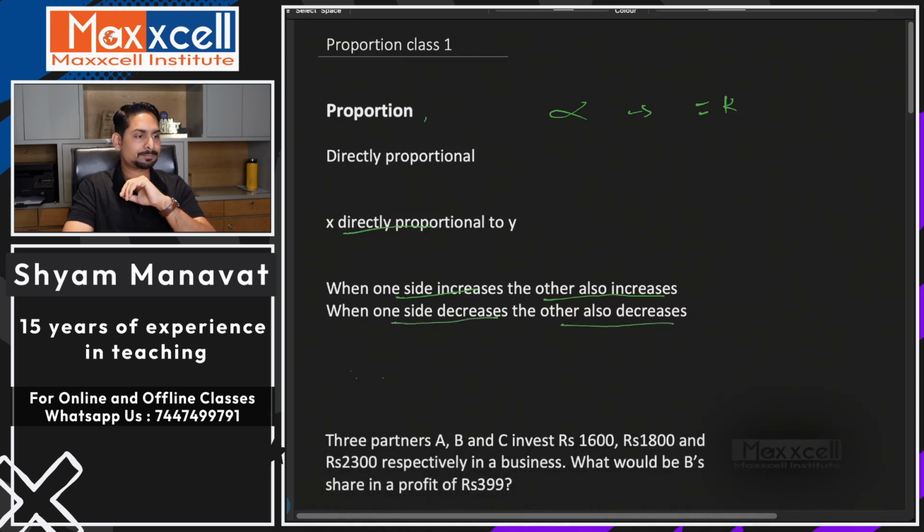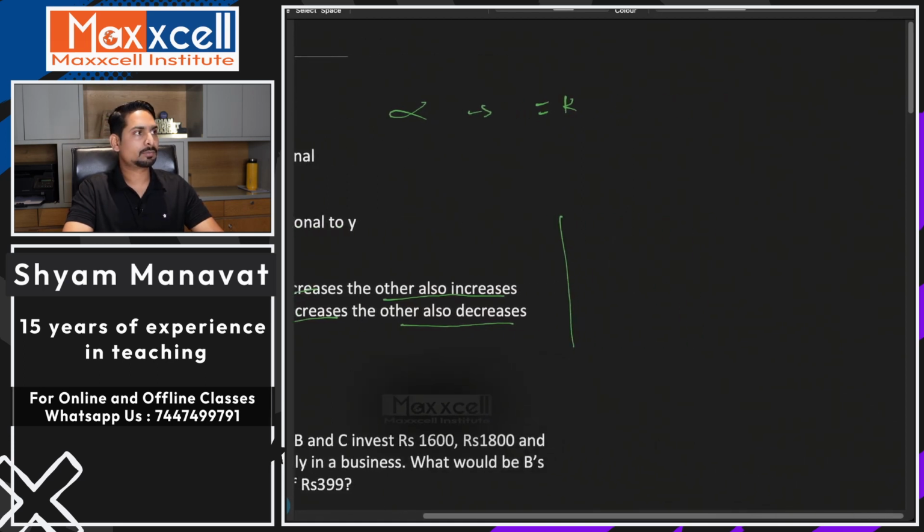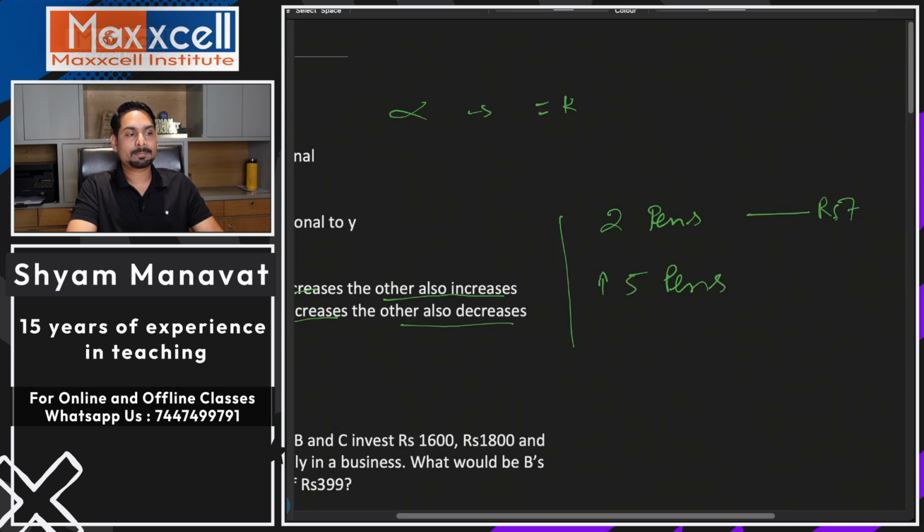For example, say you buy goods, let's say pens. Now if I say for 2 pens you are paying 7 rupees, and you increase the quantity of pens, let's say you buy 5 pens, are you going to pay more money or less money?